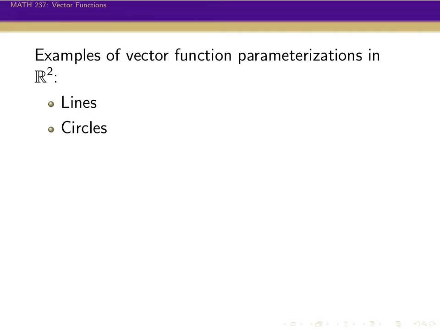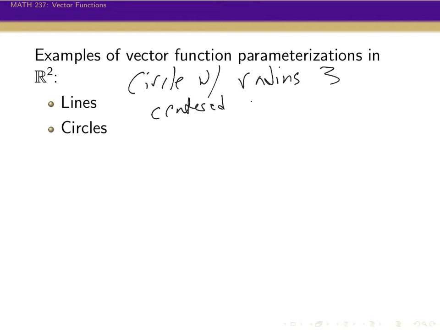What if we want to do a different radius? Let's spice this up a little bit more. Let's find a circle with radius 3 centered at, let's say, minus 1, 2.